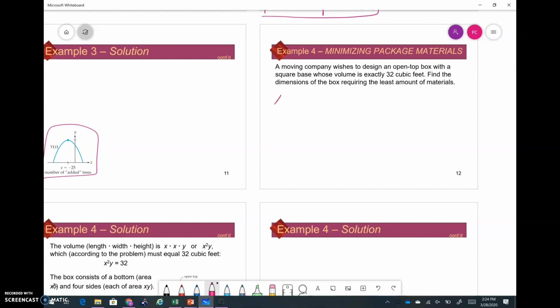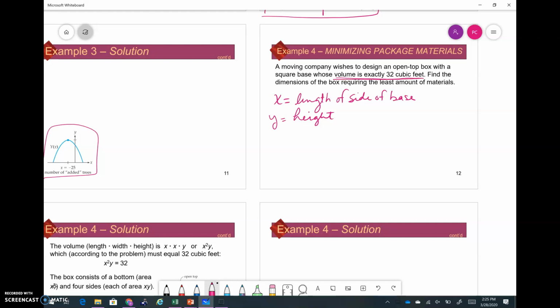So we can say that x is equal to the length of a side of the base, and we can call y the height.